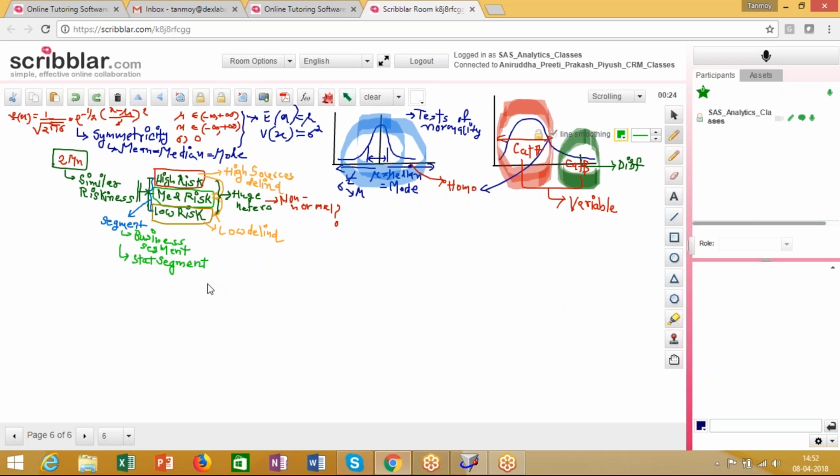There is a statistical segment, right? So one is a business segment, the other is a statistical segment.